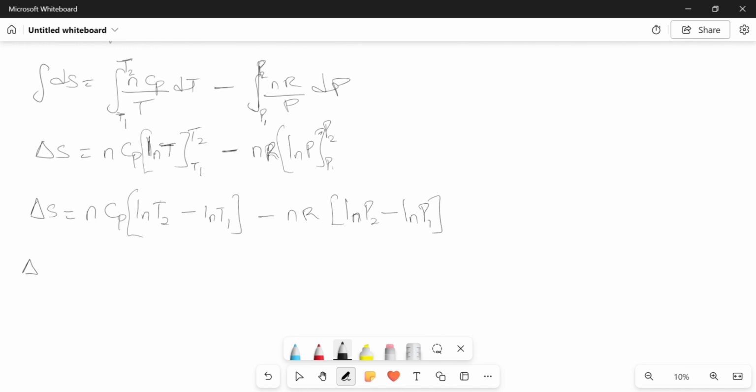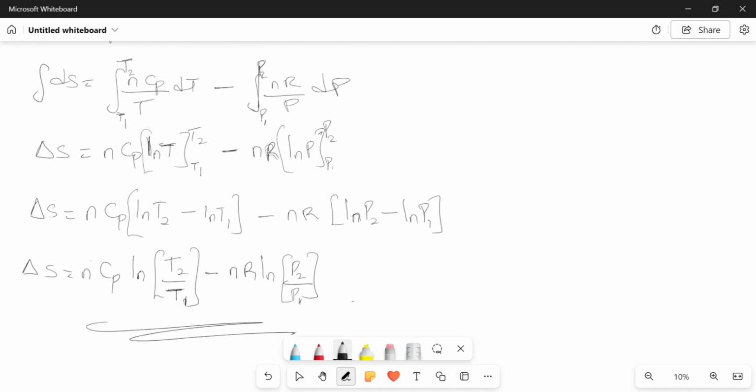So the change in S is equal to nCp ln, open bracket, T2 over T1, close bracket, minus nR ln P2 over P1. So this is the equation that they asked us to derive.